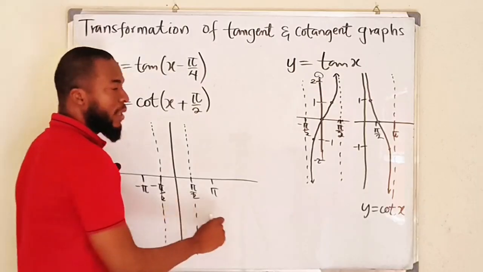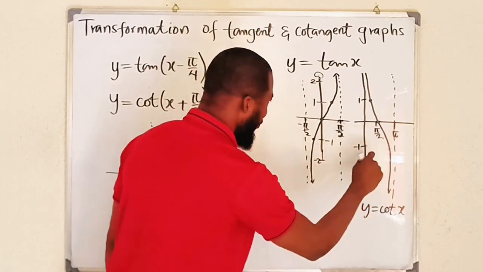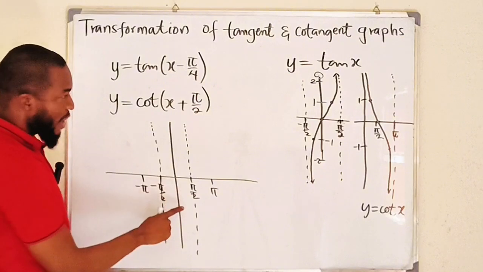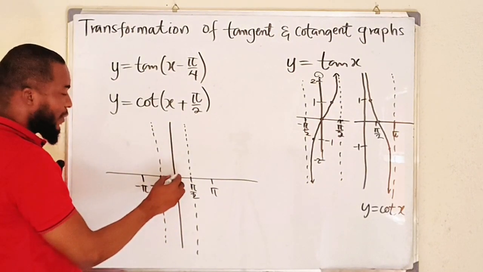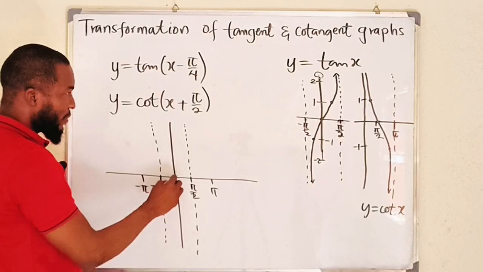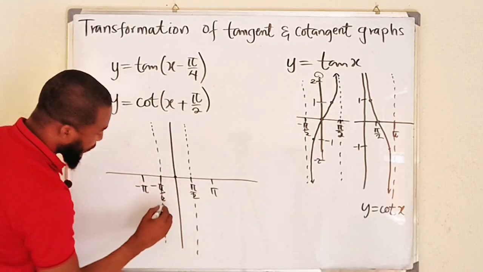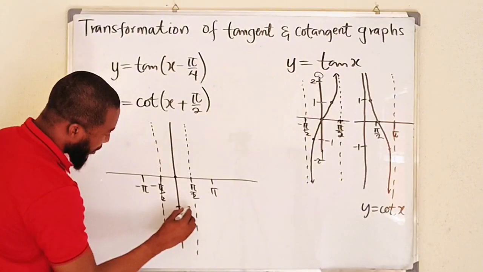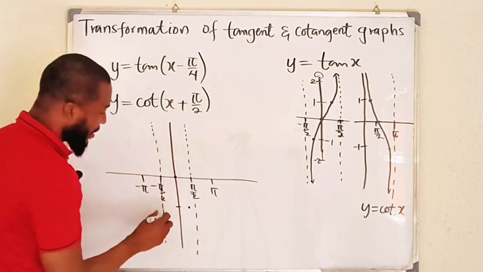So, in between 0 and pi, you used to have pi over 2, but this time around, you're going to have what? Origin, right? So it is going to pass through the origin. Then here, there used to be -1, it will remain at -1, because the graph is now going to be between the two vertical asymptotes.